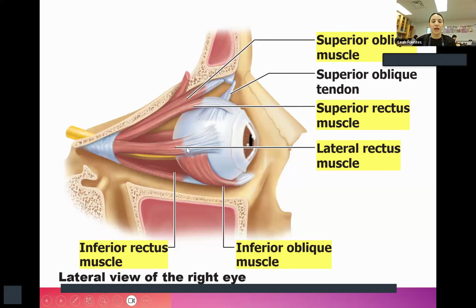So this specific eye that we're looking at would be the right eye, because we know that this would have to be towards the outside. So we had our superior rectus up here, which means down here is going to be our inferior rectus. And then cradling underneath our eyeball is the inferior oblique.